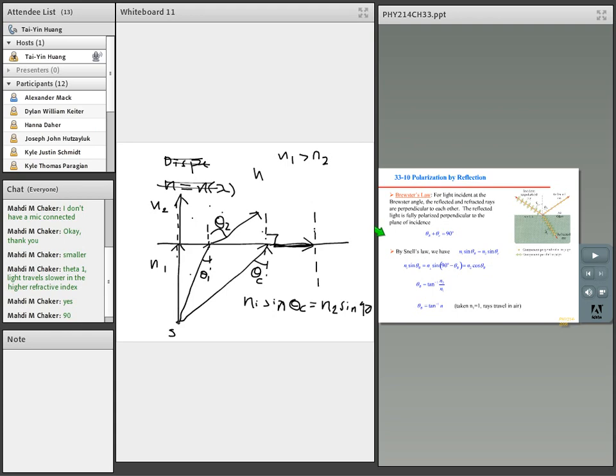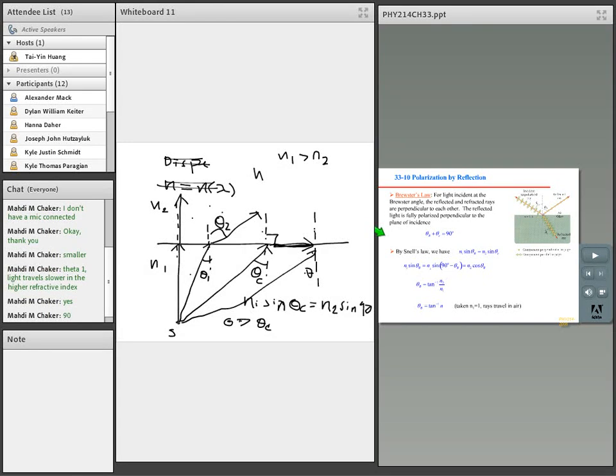What's going to happen to that? Let's say this angle theta now is greater than the critical angle.